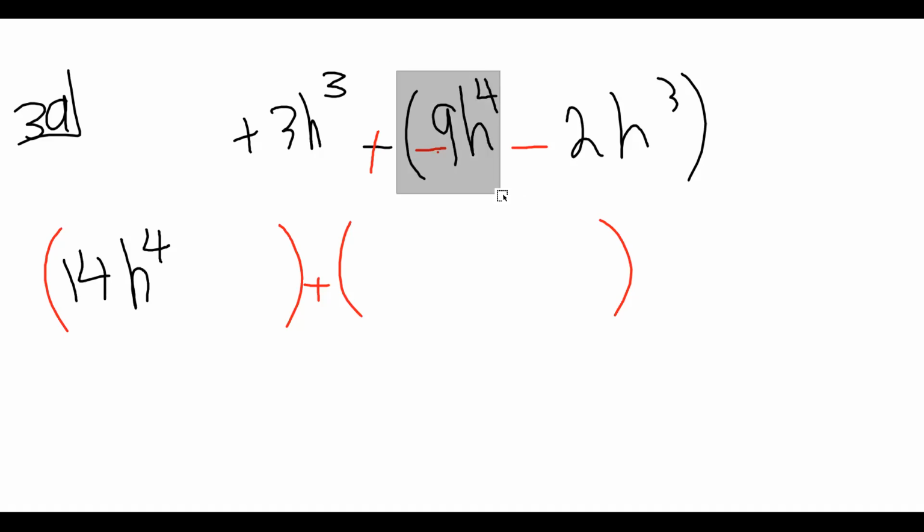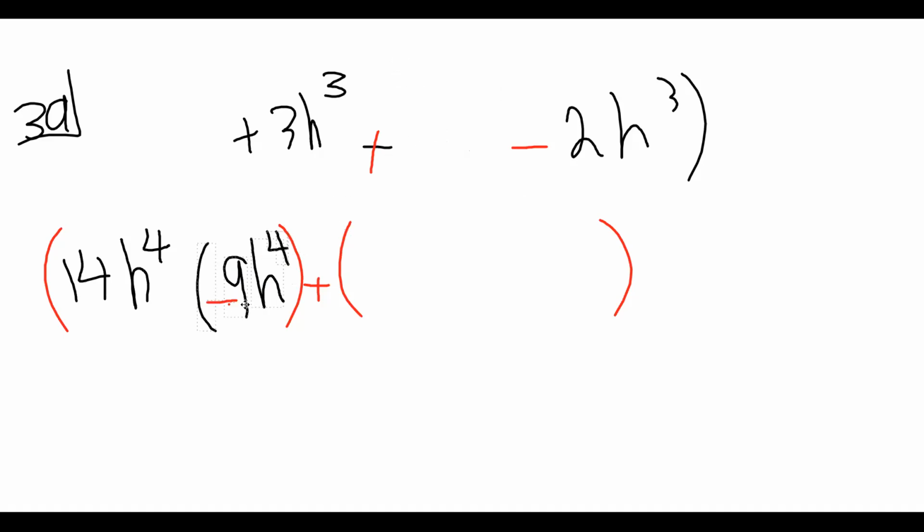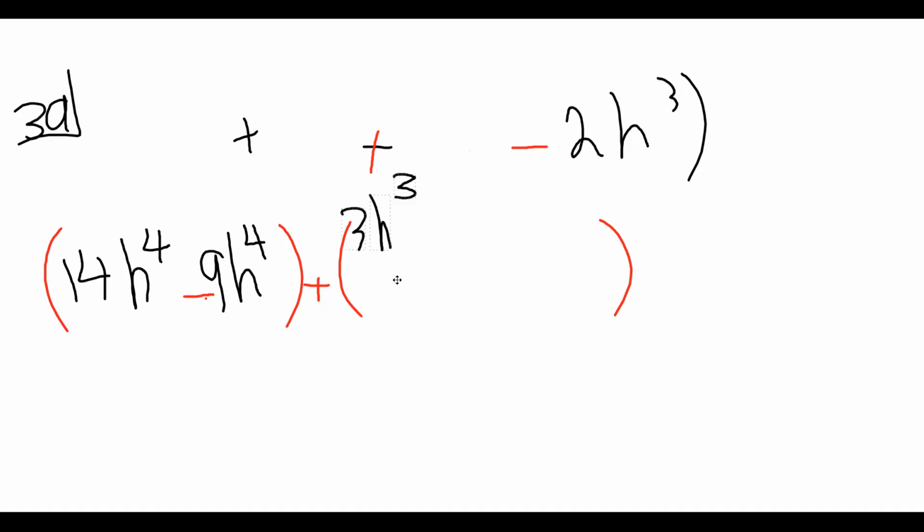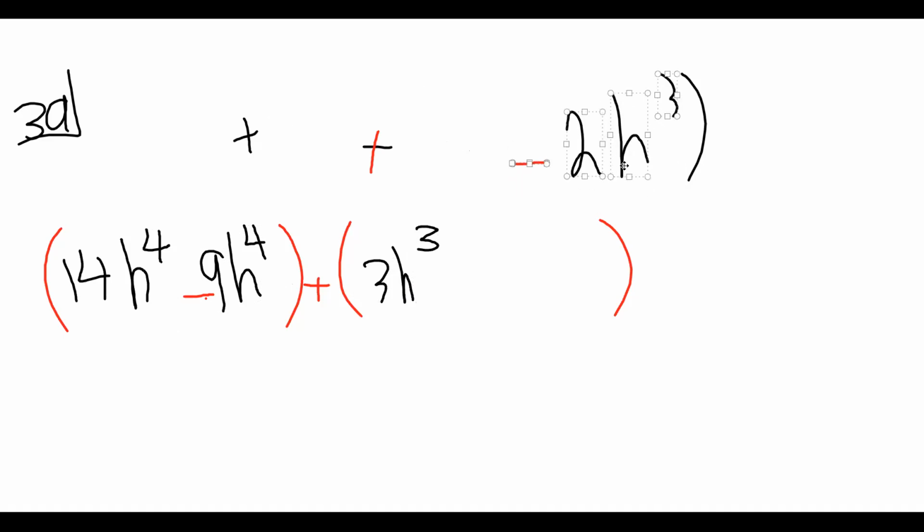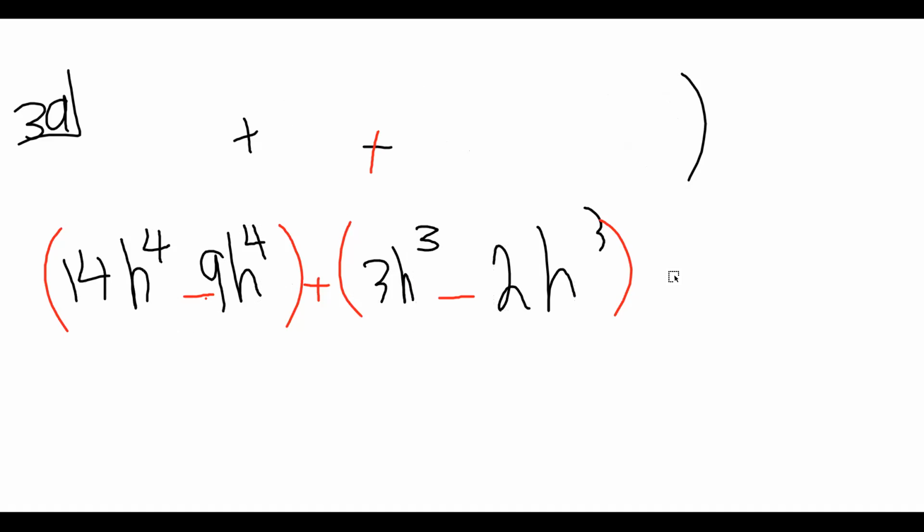I will gather each term with its like term like this. Let's remove this one. Then 3h cubic here and minus 2h cubic here. Okay, this is the first step.